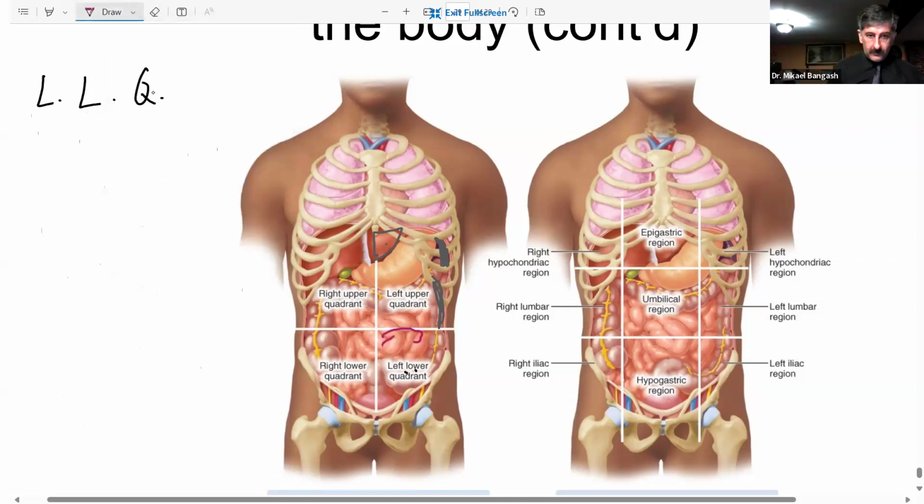Which is going to be all these loops here. Loops of the small intestine. Now here, these can both be some of the jejunum.